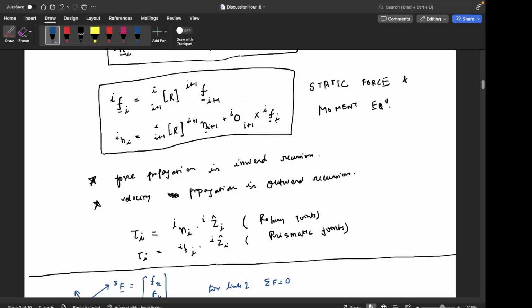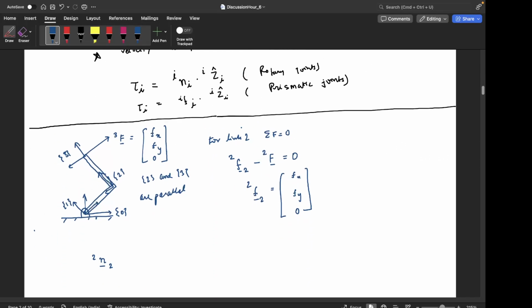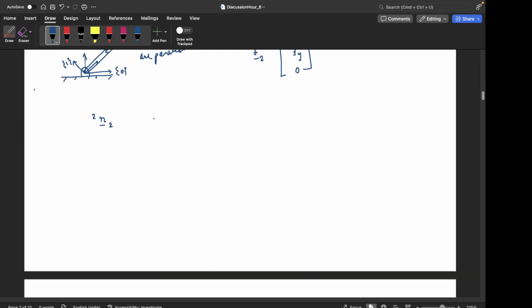So this is F22, and then the length of the second link, that is L2 x2 cap, because the length is along the x-axis, and that's the force.